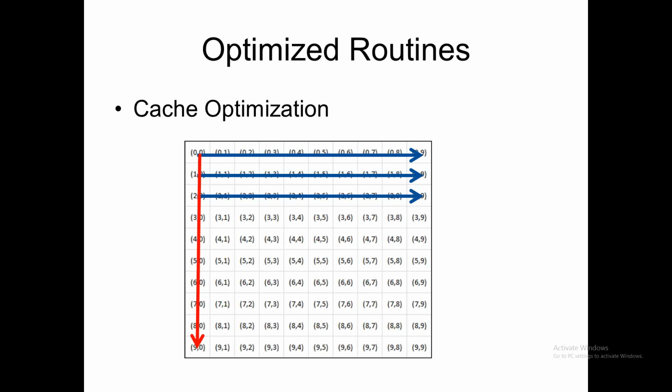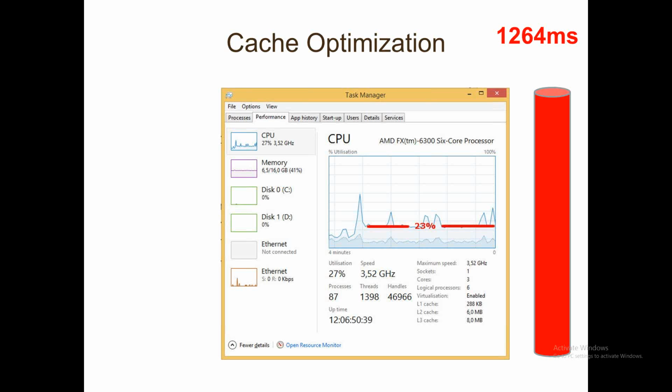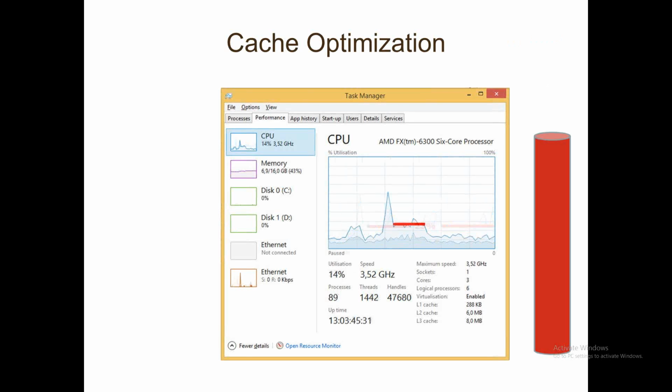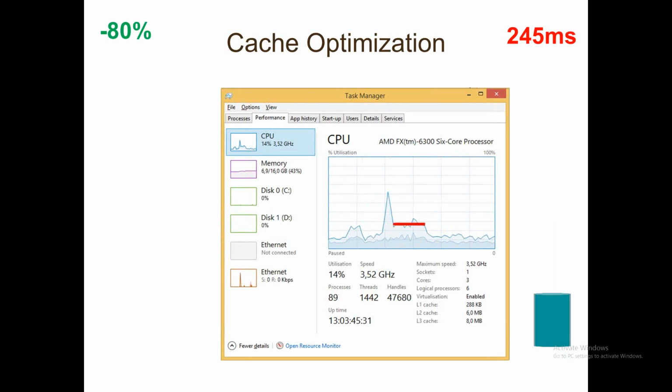So it's jumping, and that is not efficient. We were able to optimize that and really take care of this cache. By doing so, we were able to reduce the 1,264 milliseconds all the way down to 245 milliseconds. So that's an 80% reduction of the time just by cache optimization.